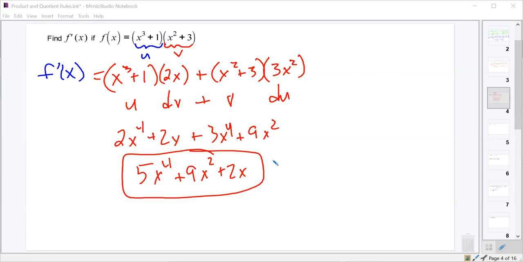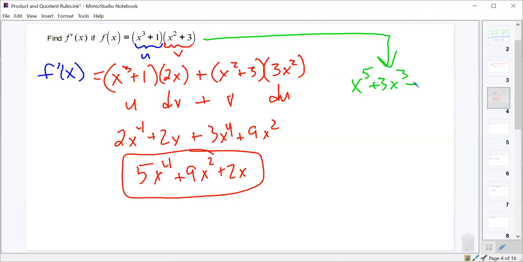All right, so suppose we had distributed this out to begin with. What would we have gotten? x cubed times x squared is x to the fifth, right? And we'd have had a 3x cubed and an x squared and a 3.